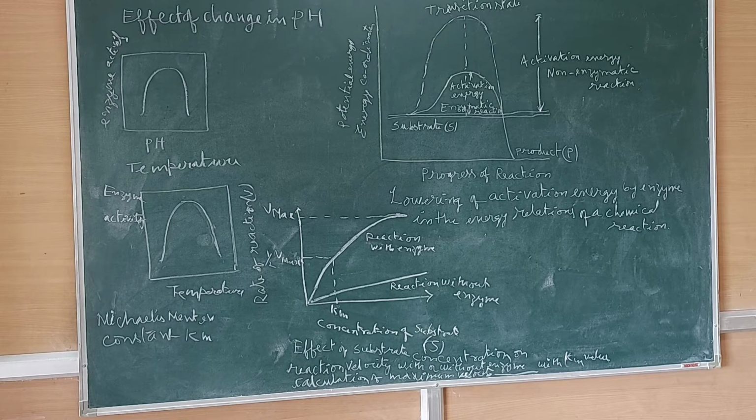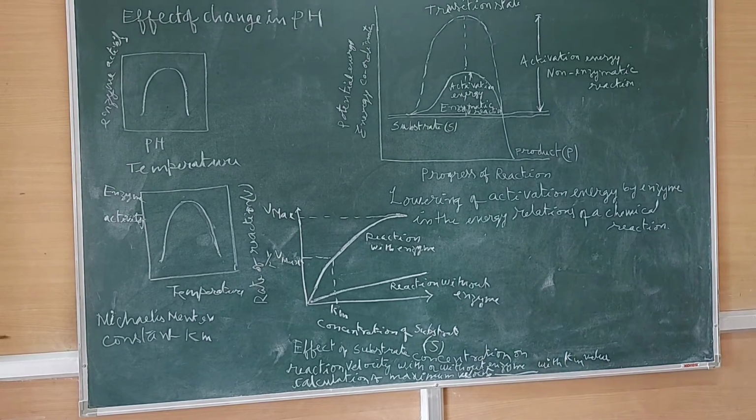The velocity of the enzymatic reaction rises at first, increasing with an increase in substrate concentration. Vmax: the reaction reaches a maximum velocity at a concentration of substrate which is not exceeded by any further rise in substrate concentration.